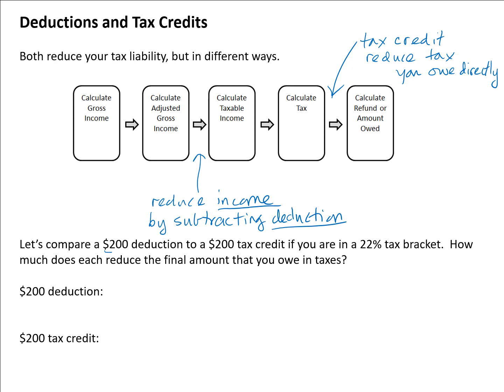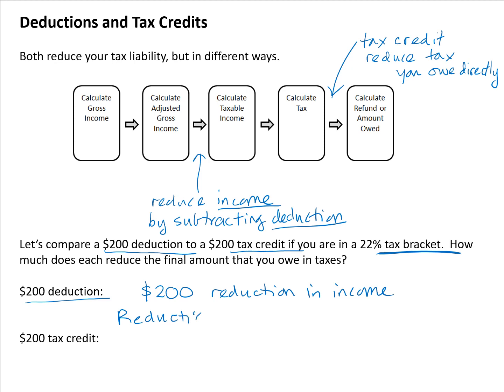So let's use an example to compare. Let's say we have a $200 tax deduction and a $200 tax credit, and that you're in a 22% tax bracket. Remember, the tax deduction is going to reduce your income. So with a $200 tax deduction, you have a $200 reduction in your income. Now your income is being charged at 22%. So this $200 reduction in income leads to a reduction in tax of 22% of that income reduction.